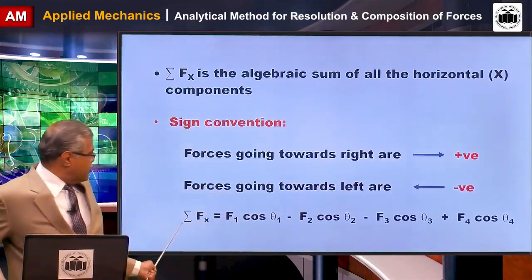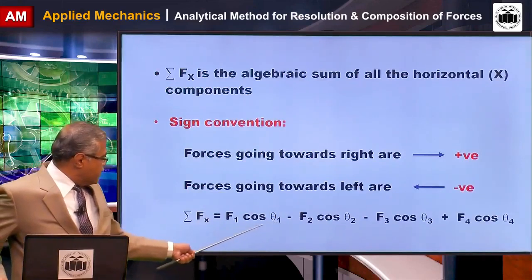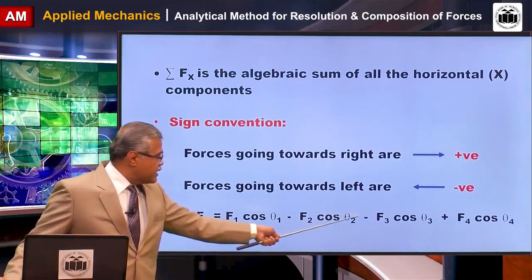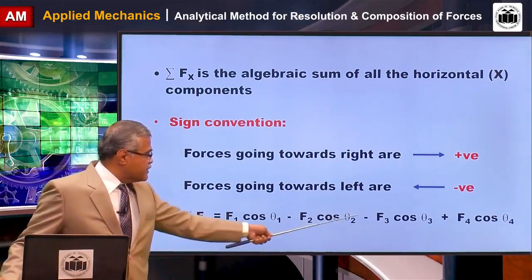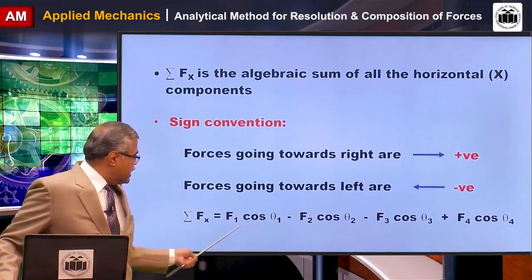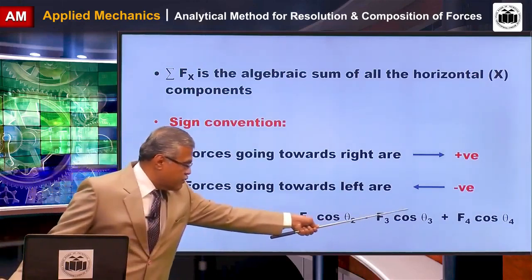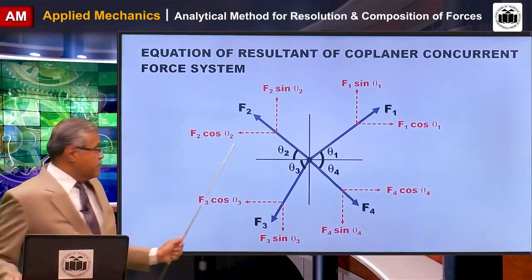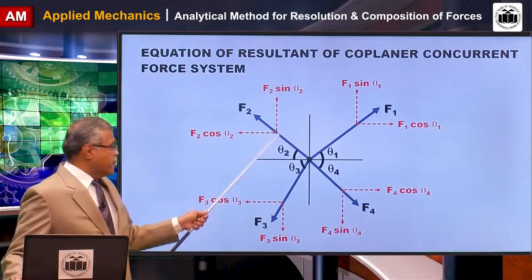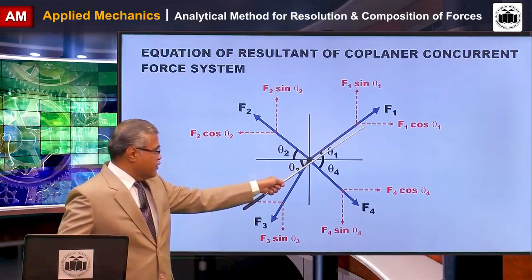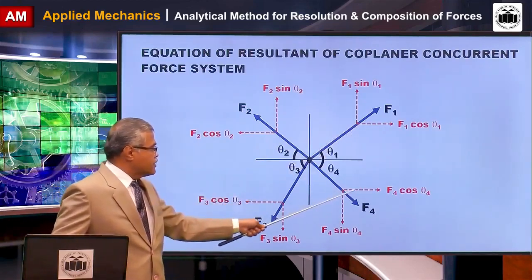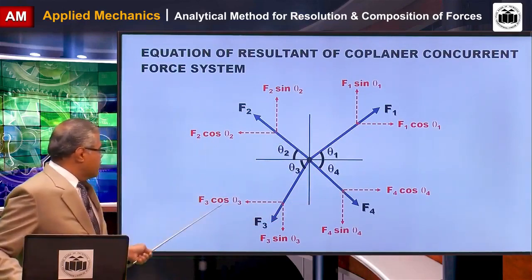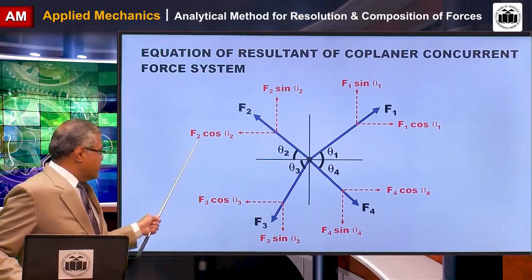Accordingly, the summation Fx is determined. In this particular equation, this component is minus and this component is minus, so these components are going towards the left, and these two components are positive, therefore going towards the right. This can be seen in this figure: F1 cos theta 1 and F4 cos theta 4 are positive, and F2 cos theta 2 and F3 cos theta 3 are going towards the left, therefore they are negative.